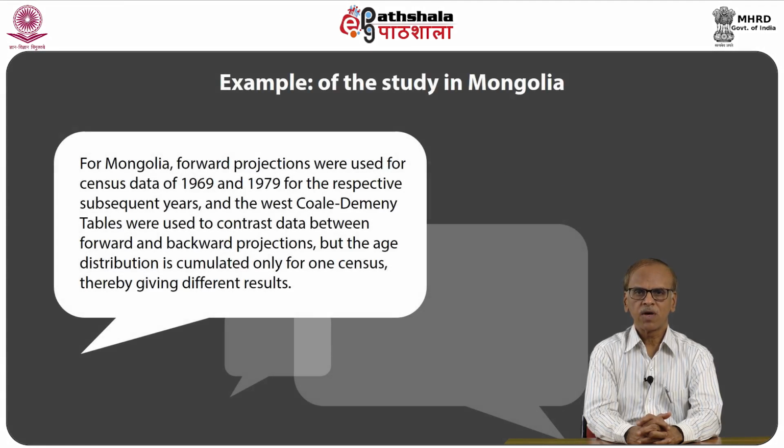Example: for Mongolia, forward projection was used for census data of 1969 and 1979 for the respective subsequent years, and the West Coale-Demeny tables were used to contrast data between forward and backward projections, but the average age distribution is cumulated only for one census, thereby giving different results.